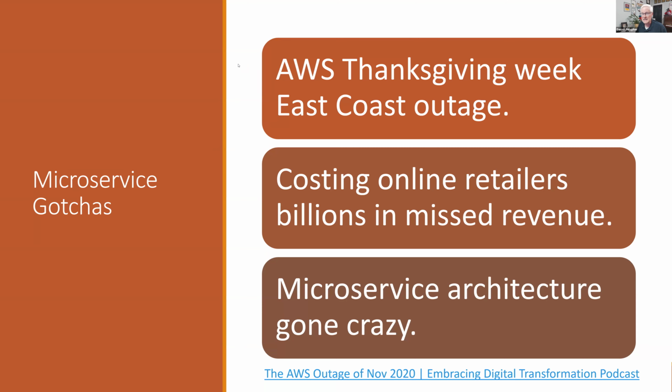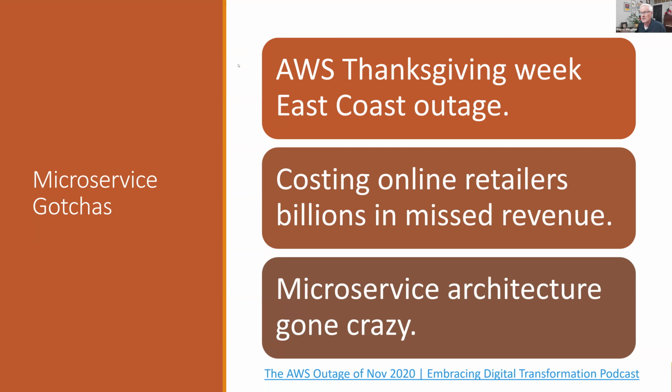So as an IT professional, what's your next thing that you do? Anyone? What would you do? AWS is up and running, green. Everything's fine. I would check my system logs, I suppose.